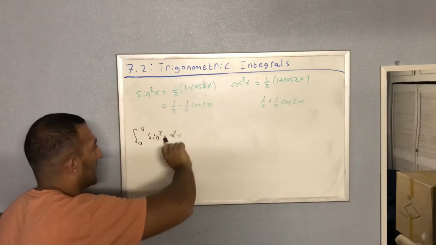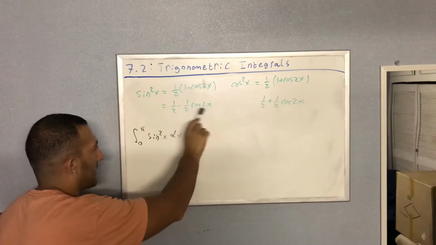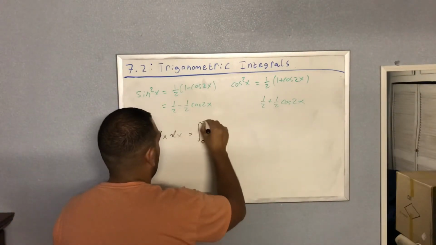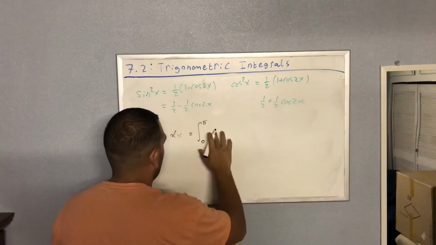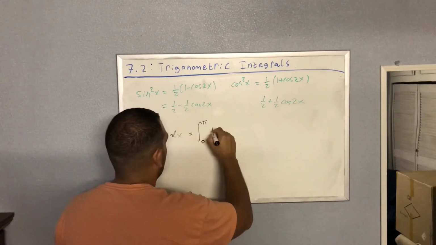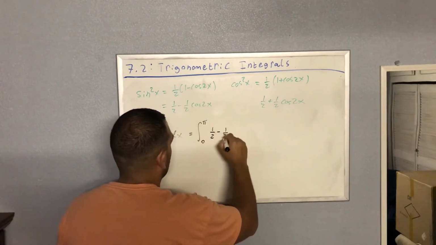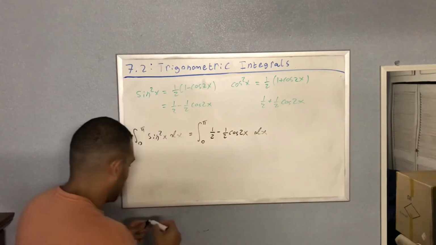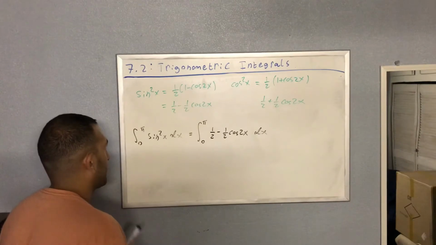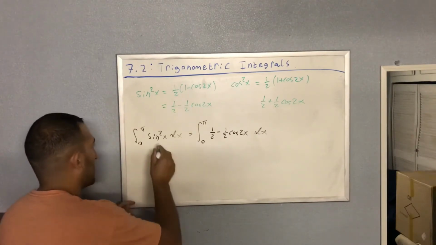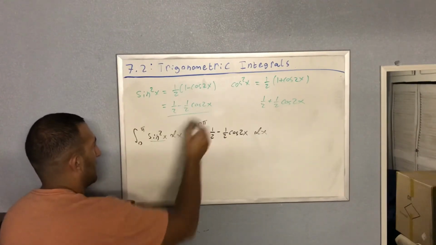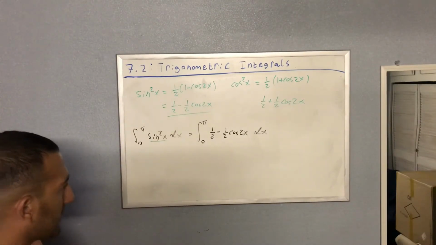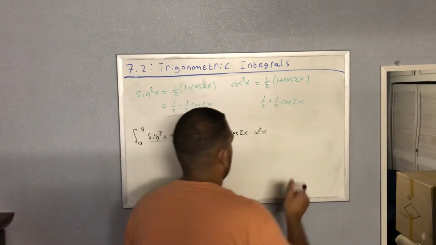So we're going to use this identity to rewrite sine squared like this. So it'll be 1/2 minus 1/2 cosine of 2x. So we literally just made that substitution. We just replaced sine squared with this. And then you could break this integral up into two pieces.